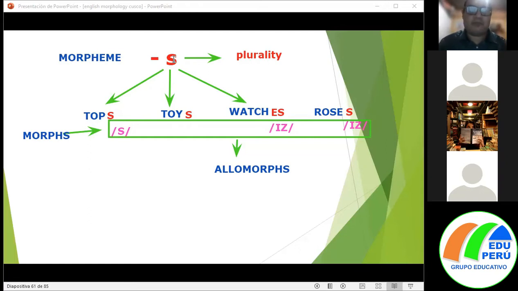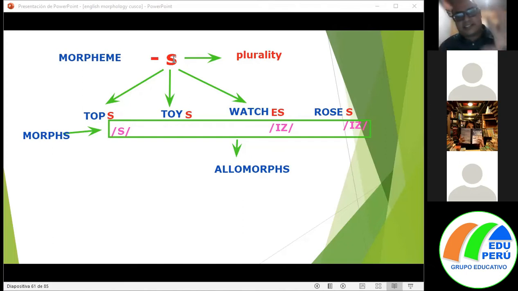And remember, this is a morphophonological rule because you combine morphology and phonology. It's a combination, the relationship between phonology, sounds, pronunciation, and the meaning, the morphemes. And notice this is a correlation between these two aspects of the language.